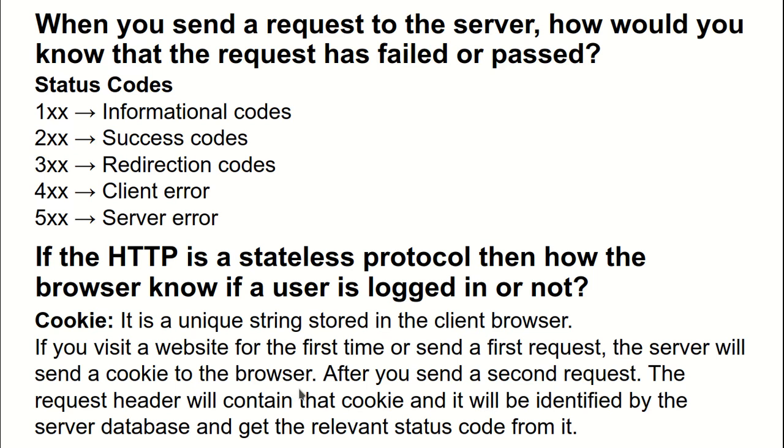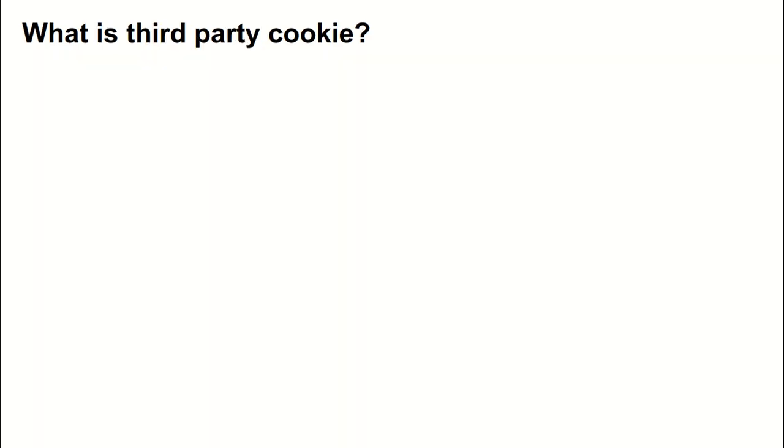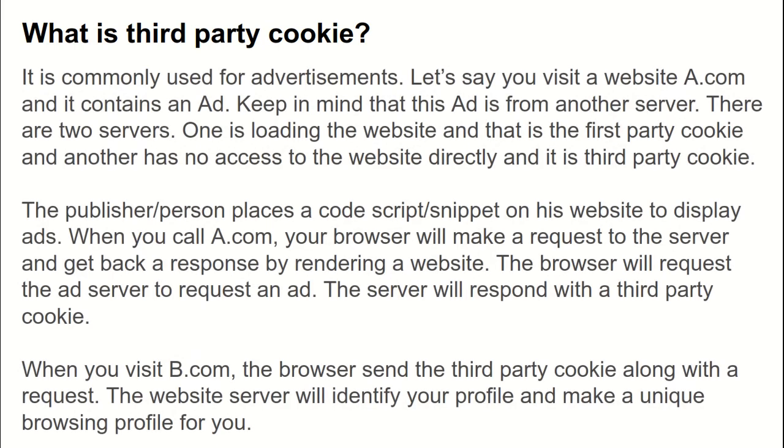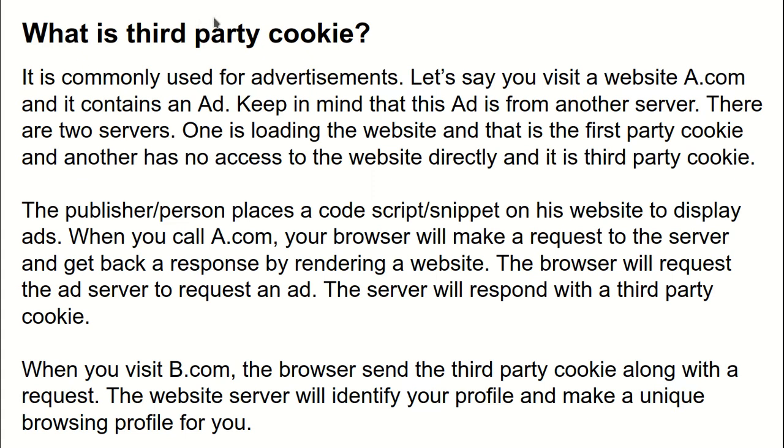Alright, so now let's move to the next slide and show you what a third-party cookie is. It is also a cookie, but it is not the first-party cookie, it's the third-party cookie. This is used mainly for advertisements. The first type of cookie is only used for storing some kind of information, but the third-party cookie is used for advertisements.